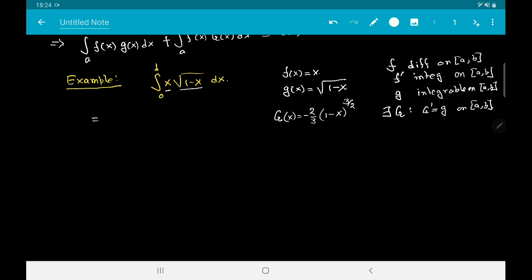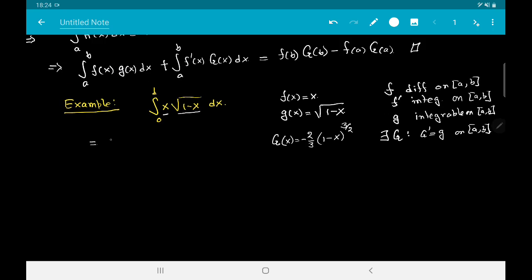We have the formula here. So f(1) G(1) minus f(0) G(0) minus the integral from 0 to 1 of f prime(x), and f prime(x) is just 1, times big G(x), which is this function: minus 2 by 3 times (1 minus x) to the power 3 by 2.